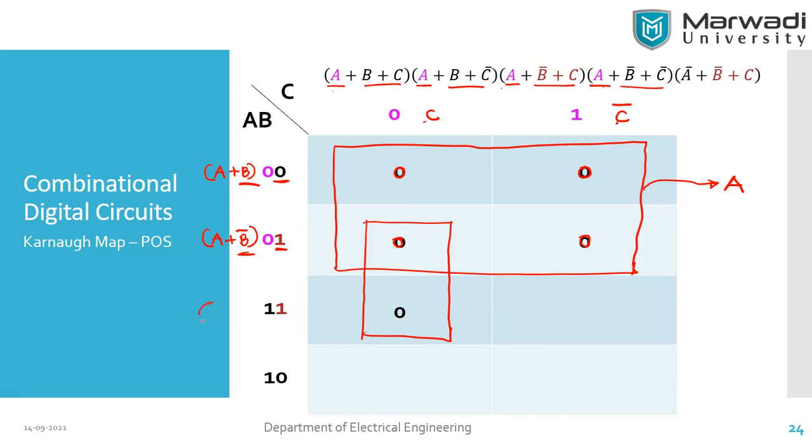Similarly, here you have A bar plus B bar, and this is C actually. So it's a C here. So that means it is A bar plus B bar plus C. That is this one. And here it is A plus B bar plus C. So this pair, I'm referring this pair. Okay. And I will solve this pair in our whiteboard.